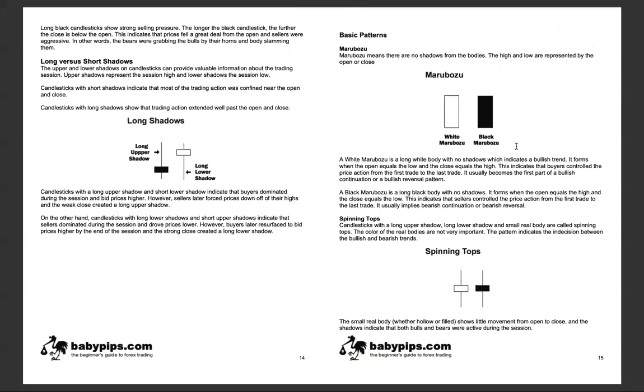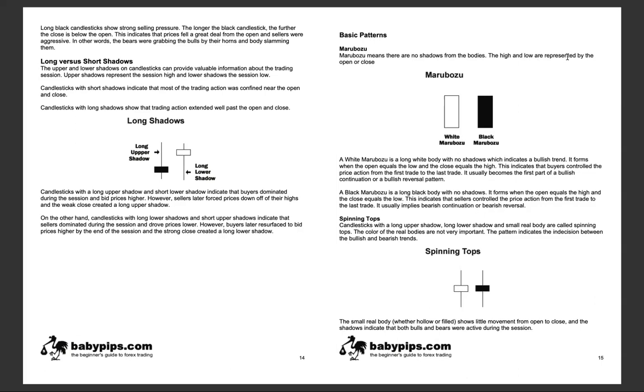The other thing that is very important for you to know as a new trader is something called the basic patterns. We have one here, the Marubozu. By definition, Marubozu means there are no shadows from the bodies.